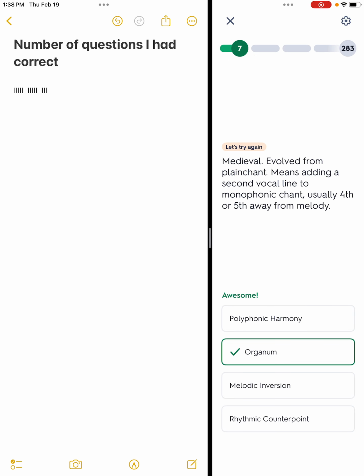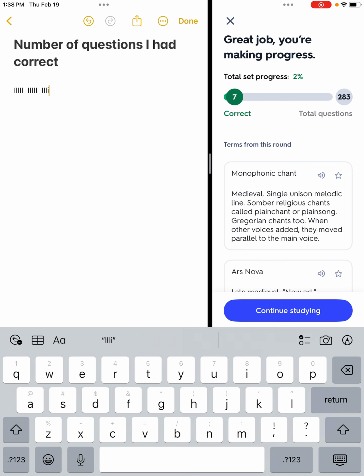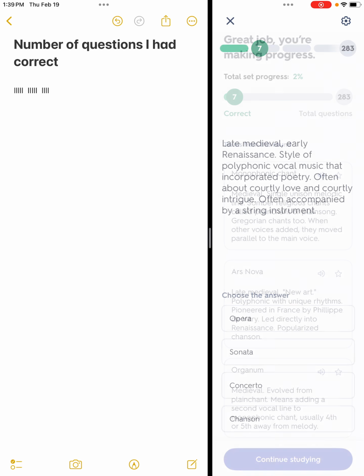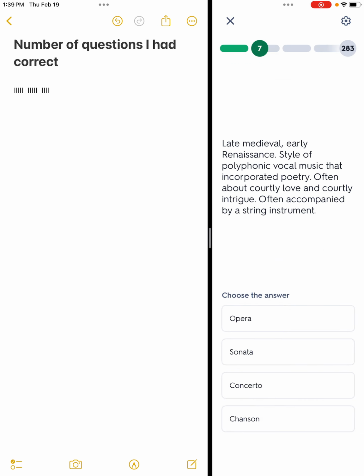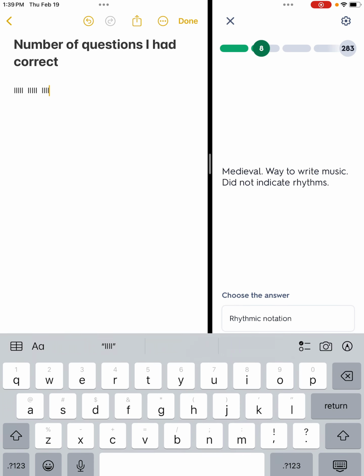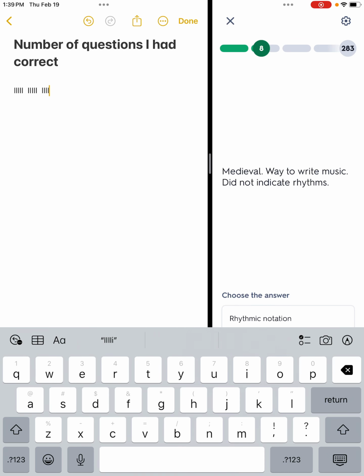Organum. Okay. Late medieval, early Renaissance, the style of polyphonic vocal music that incorporated poetry, often about courtly love and courtly intrigue, often accompanied by a string instrument. Chanson? That's right. Now we got a fifth one.